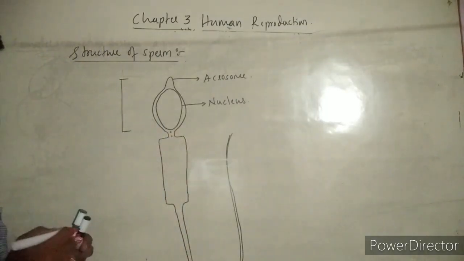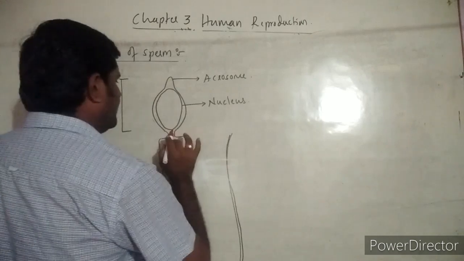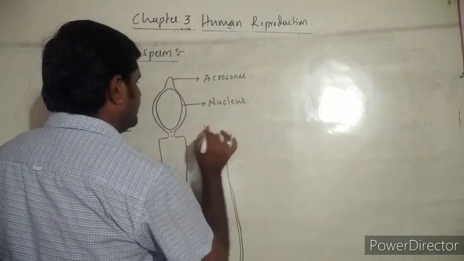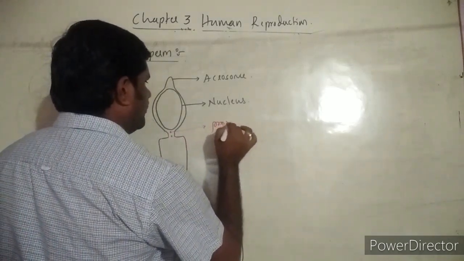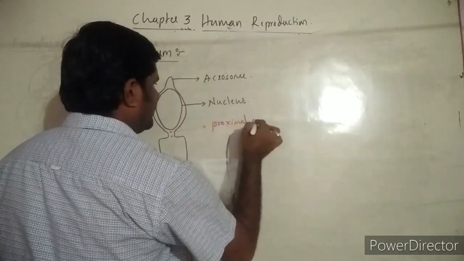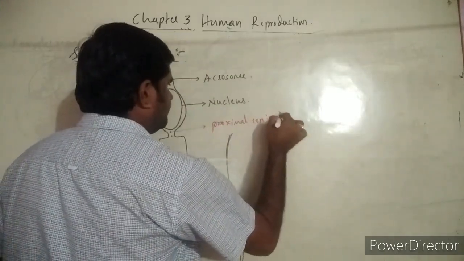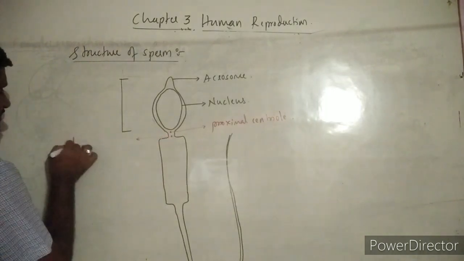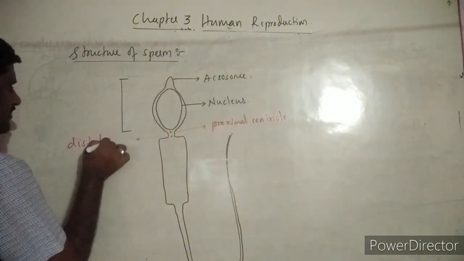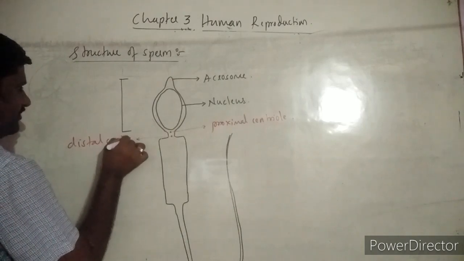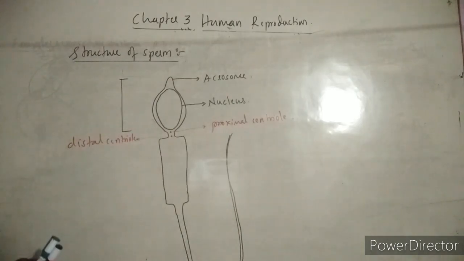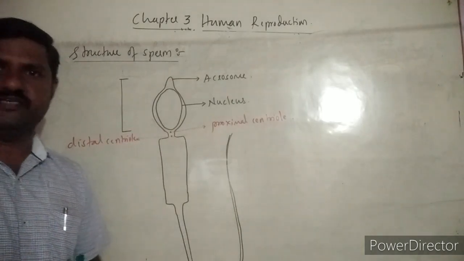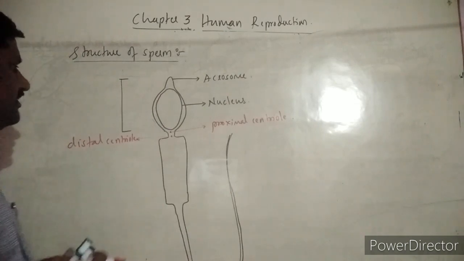One centriole is called the proximal centriole. What is it known as? Proximal centriole. And the second one is called the distal centriole. These are the two centrioles that we come across over here.